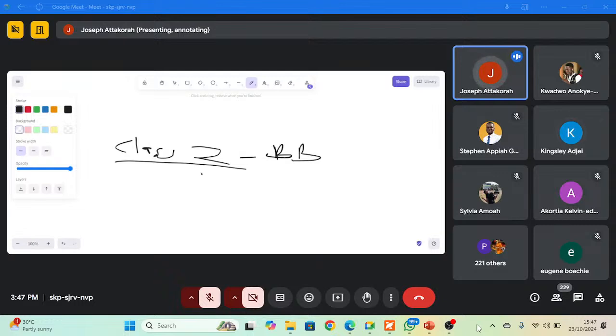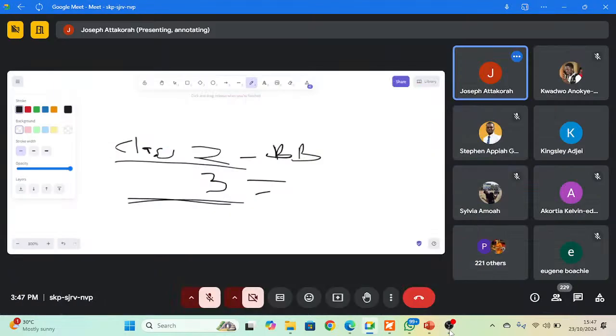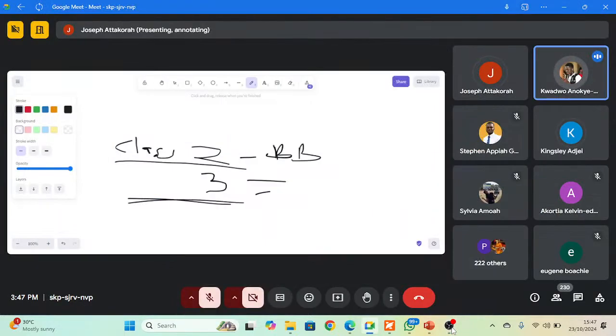Class 3. This class is called what? Who can tell me? Potassium channel blockers. So class 3 is potassium channel blockers.